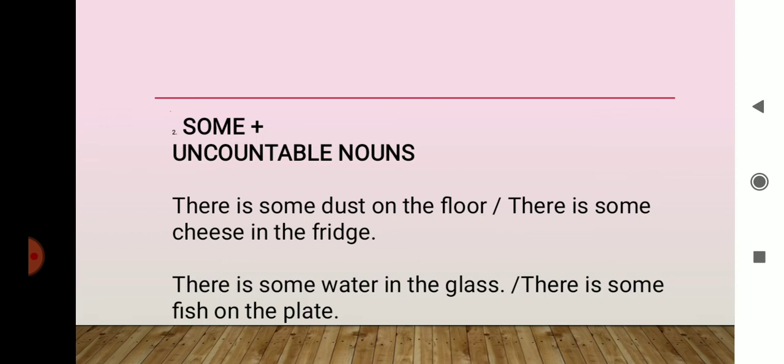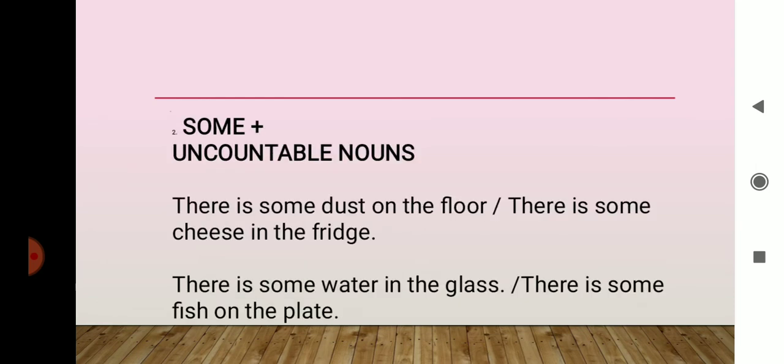There is a little cheese in the fridge. There is some water in the glass. Or there is some fish on the plate. It means there is a little water in the glass and there is a little fish on the plate.